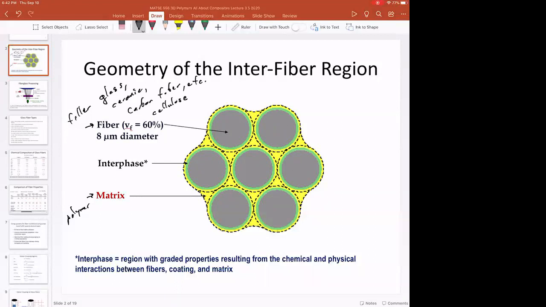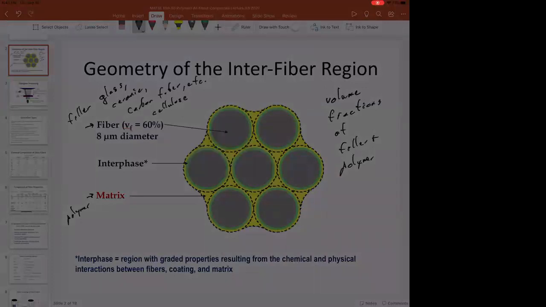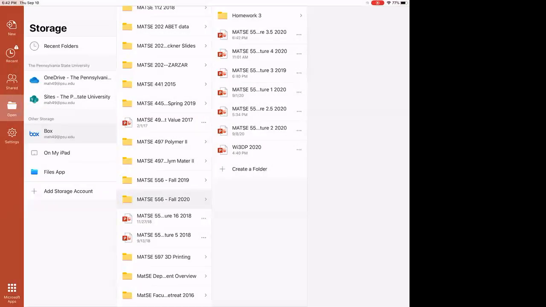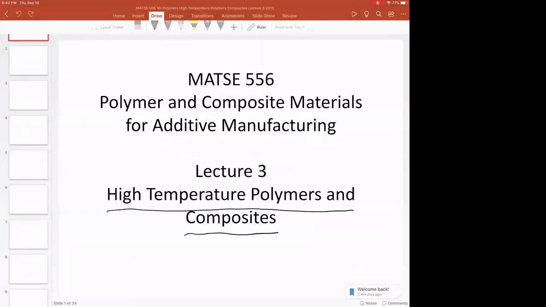And so the key part about making a composite is volume fraction of filler and polymer. If you go back to lecture 3 where we just came from, you notice that dialing in that volume fraction is really important.